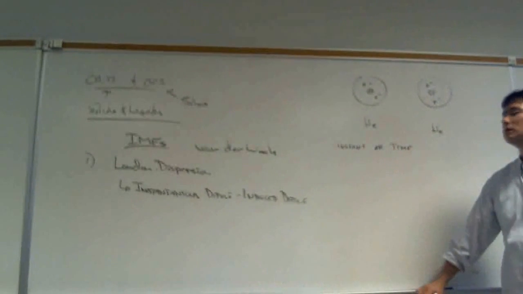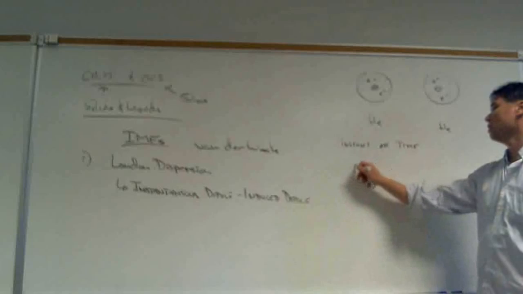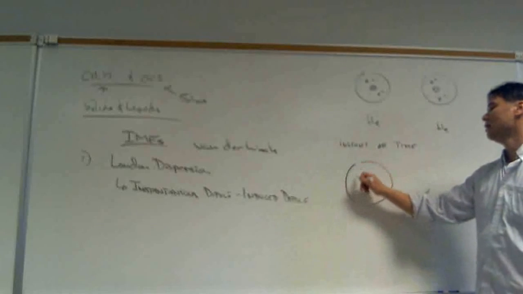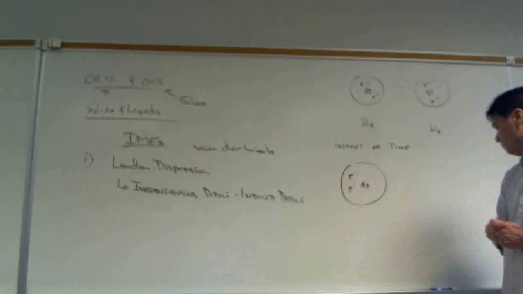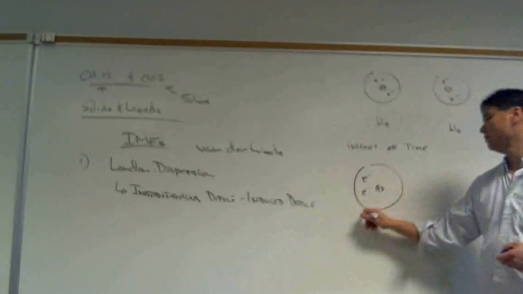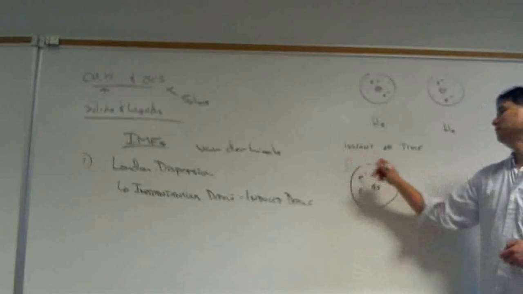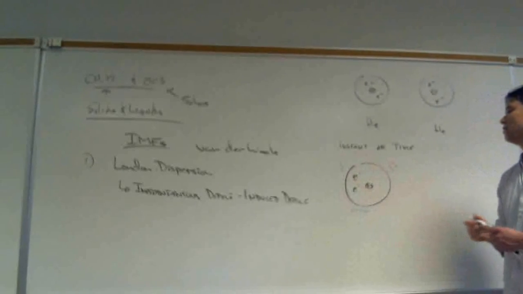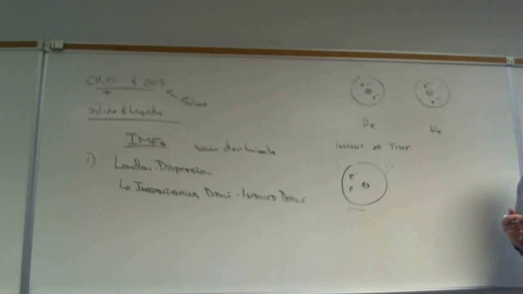No? All right. In one instant of time, the electron cloud might be polarized, that is, both electrons, let's say, are on the left side. This is called an instantaneous dipole, because we can see that the negative charge is on the left and the positive charge is on the right. This instantaneous dipole doesn't last for very long.